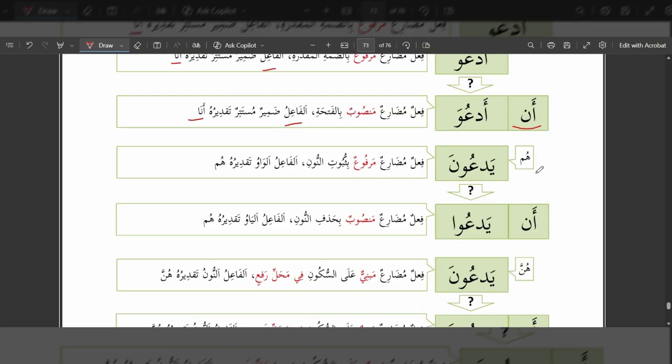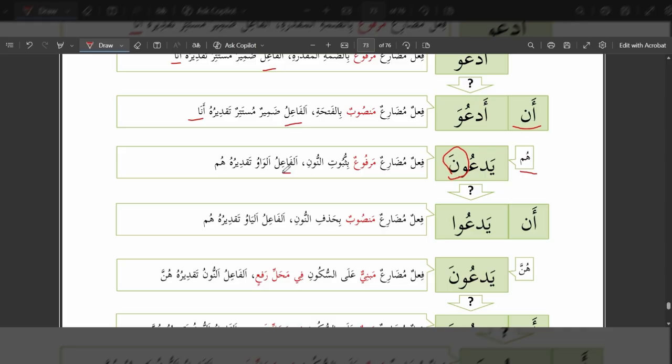Then in the whom form, that is they all, it becomes يدعون, that is they all call, they all are calling. So it becomes فعل مضارع مرفوع بثبوت النون, which means it is a present tense in the marfu form in the presence of this noon here.